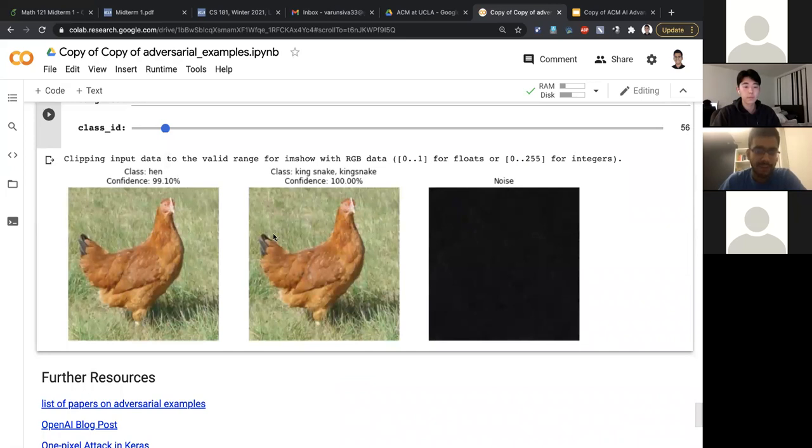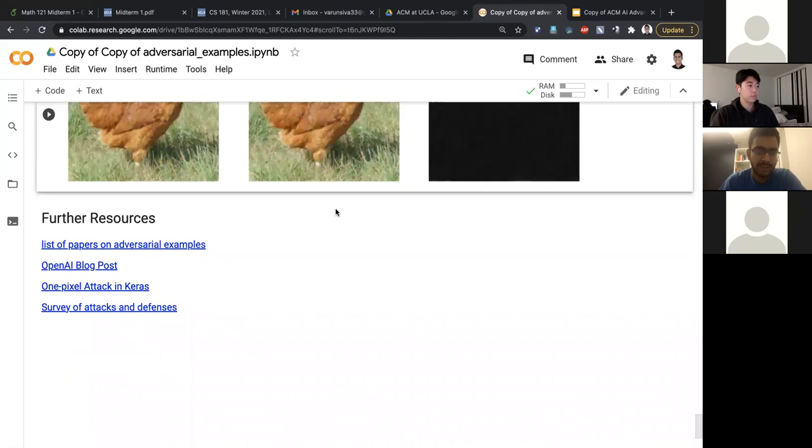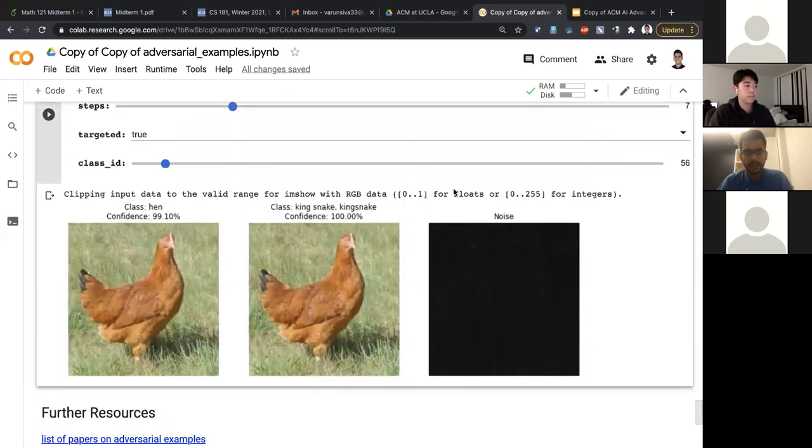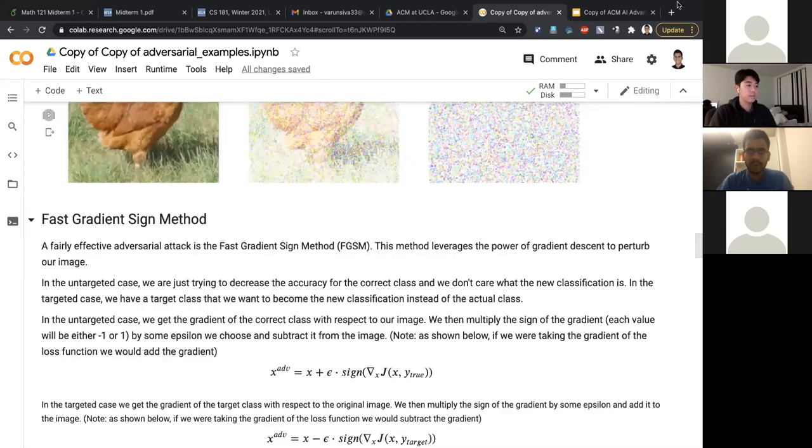And if you see, these look almost the same, but it classifies this as a snake with almost 100% confidence. So there's definitely a lot of cool stuff that you can do with adversarial examples. And this notebook also has links to further resources that you can use to learn more about adversarial robustness. And yeah, that's pretty much all we have in this workshop.